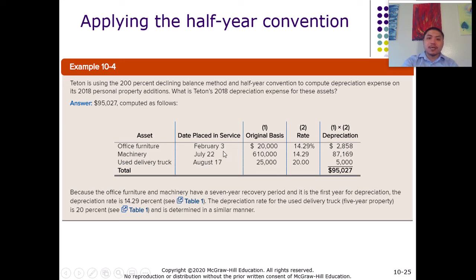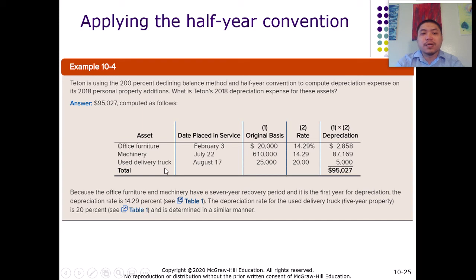And then we just keep following the same process to calculate the depreciation expense for machinery and the truck. For machinery, the recovery period is still 7 years, so we're going to use the same rate. We take the original basis, multiply by 14.29%, and that gives us the depreciation expense for this machine.